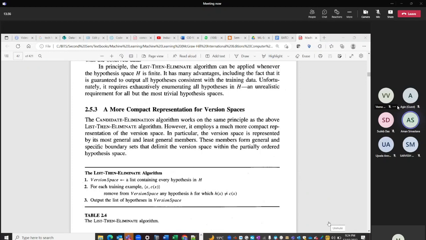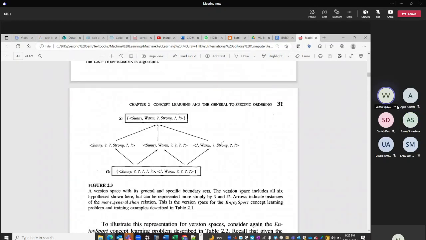All intermediate hypotheses. So version space is the space where all the hypotheses fit in. So we are trying to identify that version space through this candidate elimination algorithm. So for that, let me take that example.